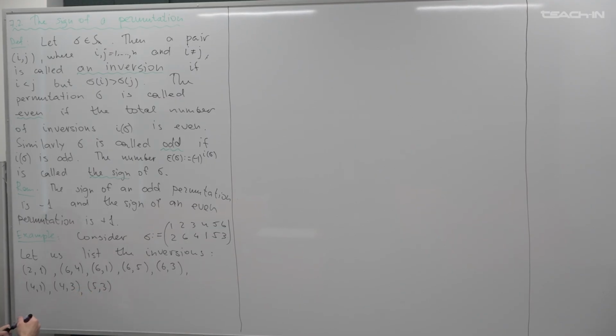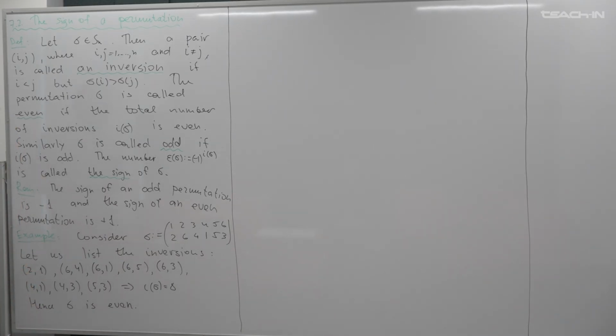So these are the inversions, and let us count them. 1, 2, 3, 4, 5, 6, 7, 8, right? 8. Okay, so we can write down that I of sigma is 8 in this case, and hence sigma is an even permutation.